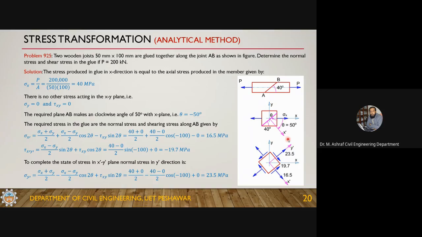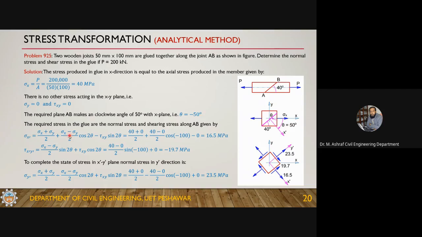This x prime is perpendicular to the inclined plane. So if this is 40 degrees, then this should be 50 degrees. So theta of 50 should be used in the transformation equation, and since this is a clockwise angle, the angle here is minus 50 degrees.